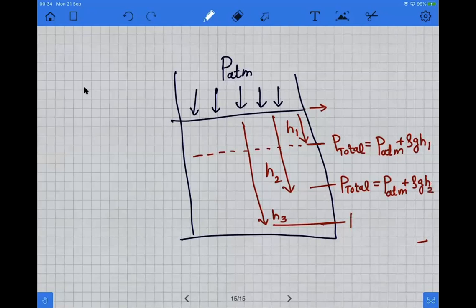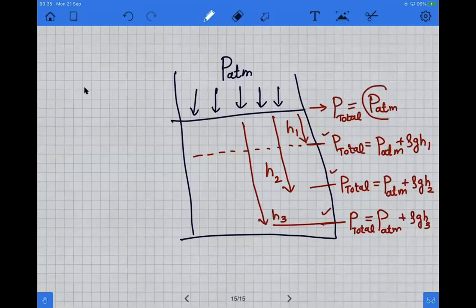And here P total will be equal to P atmospheric plus rho G H3. So these are the values of pressure at this point, at this point, and at this point. However, at the surface of the liquid, all the pressure is due to the atmosphere, and it would be P atmosphere only, as no liquid is involved.